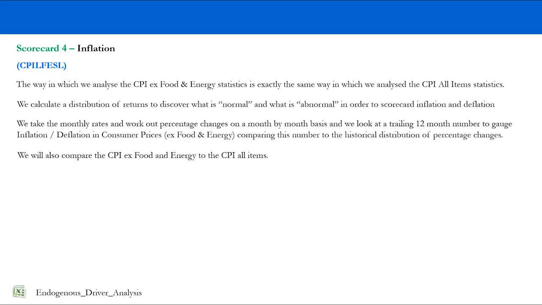We take the monthly rates and we work out percentage changes on a month-by-month basis, and we look at a trailing 12-month number to gauge inflation or deflation in the consumer prices X food and energy, comparing the number to the historical distribution of percentage changes. We will also later on compare the CPI X food and energy to the CPI all items to see what key differences we can spot.